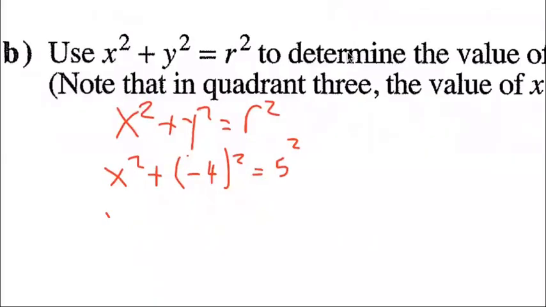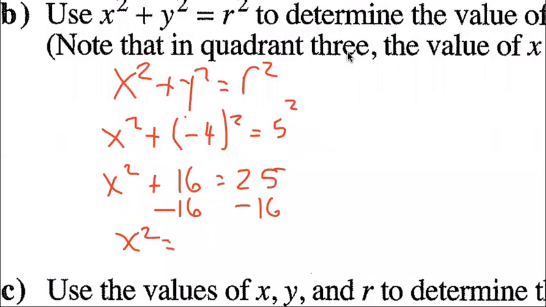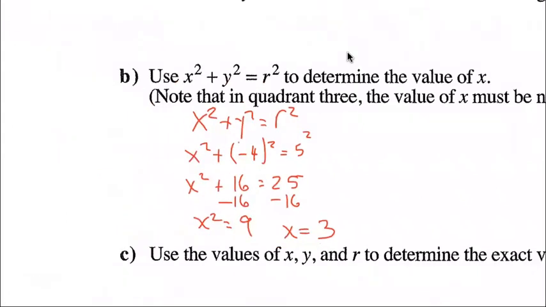So I go x squared plus 16 is equal to 25. Subtract 16. X squared is equal to 9. Square root both sides. X equals 3. Okay, so x is equal to 3.